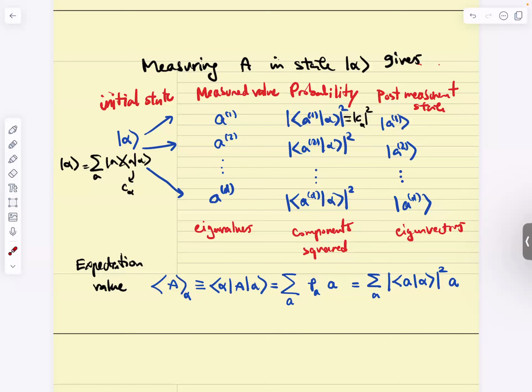So the observable A in ket alpha will have the expectation value, which is the sum over A, where A is the eigenvalue. Recall that the eigenvalue is the measured value, times the probability of that measured value, which is this here. So this is the expected value of the measurement. We sometimes write it this way, sometimes this way. I'll try to write it this way so that it's clear. It's a bracket. Any questions?